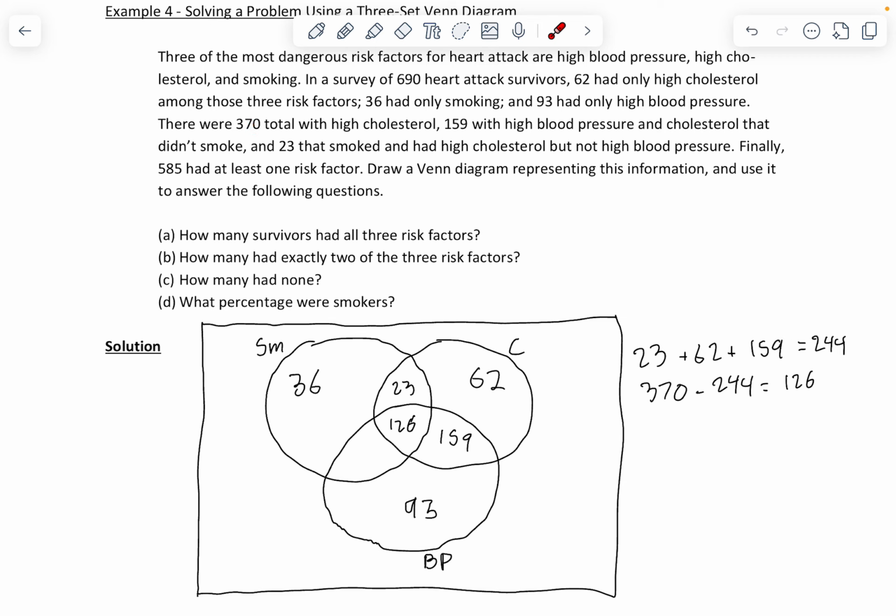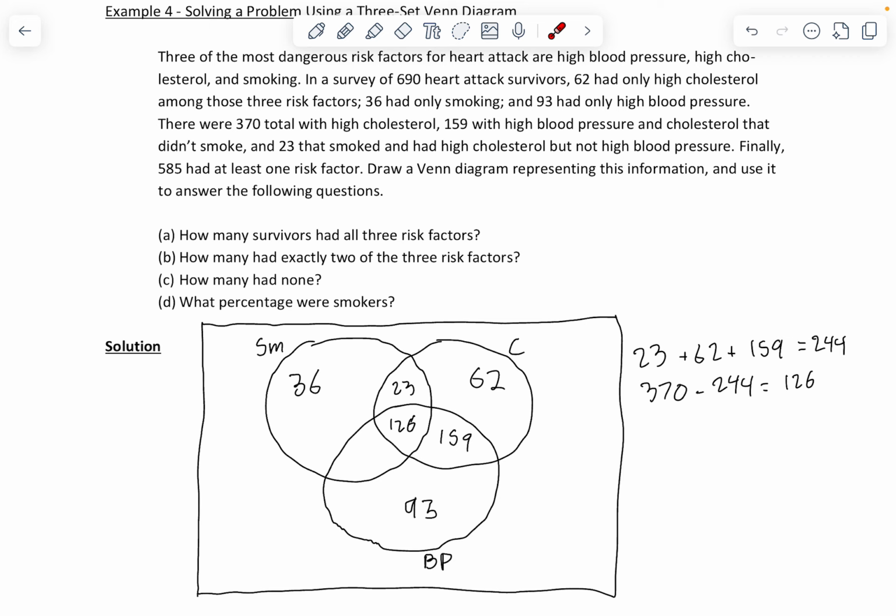Now, to figure out the numbers in this region, I can use this information. 585 had at least one risk factor, so the sum of all of these regions has to add up to 585.